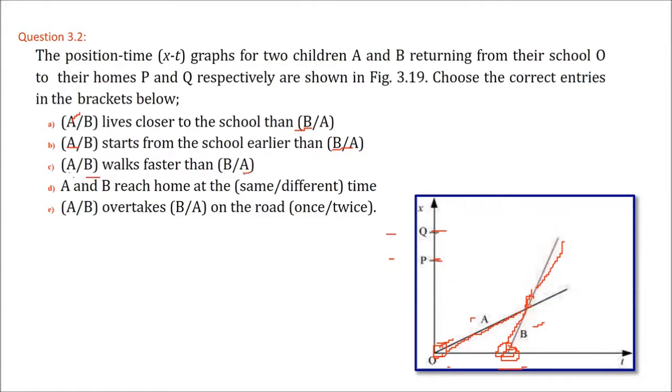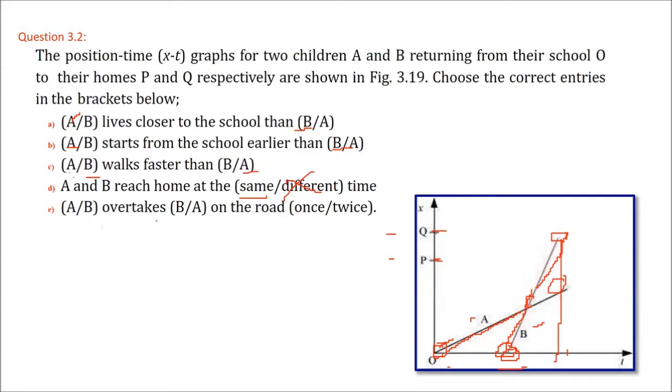As you see from the graph, B walks faster than A. Do A and B reach home at the same time or at different times? If you draw a line here for time t, we see that both are the same, so they reach at the same time.